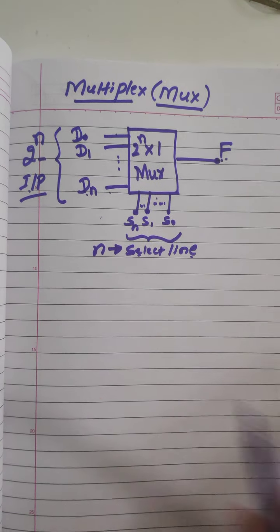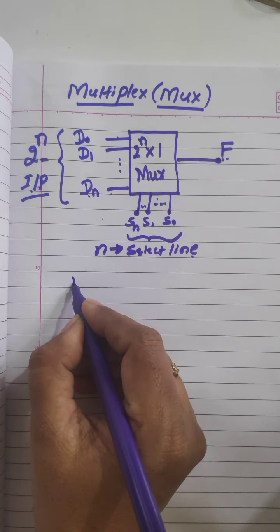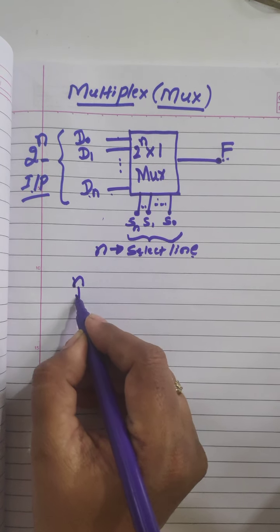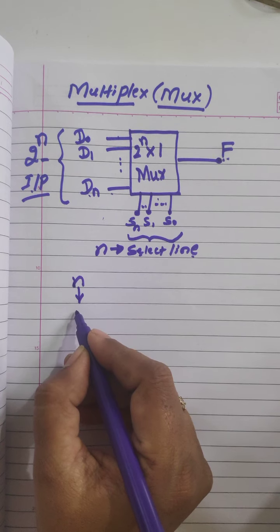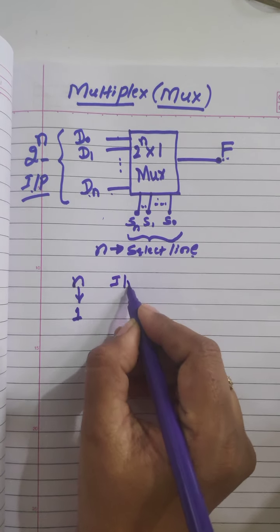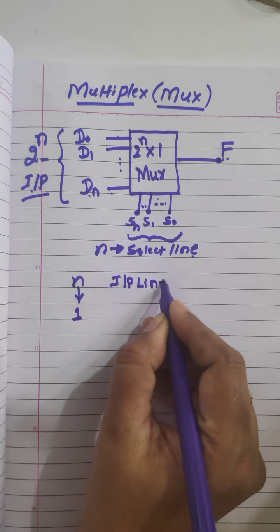If the number of select lines is n, how many input lines will there be?